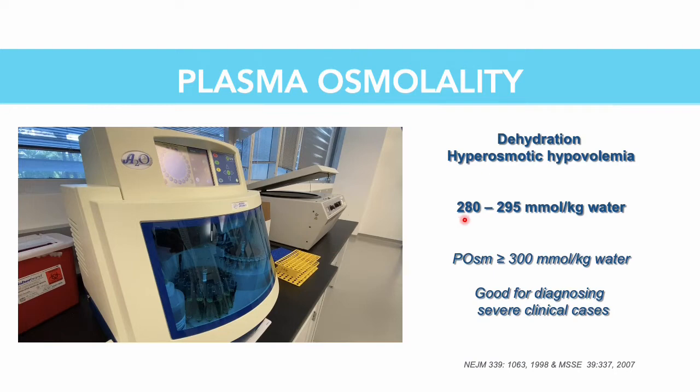Plasma is usually between 280, 285 all the way to 295. This is the normal plasma osmolality. The units are millimole per kilogram of water in the plasma. These are the SI units, and also milliosmol per kilogram of water. It's also another unit that has been widely used, which is equal to millimole per kilogram.